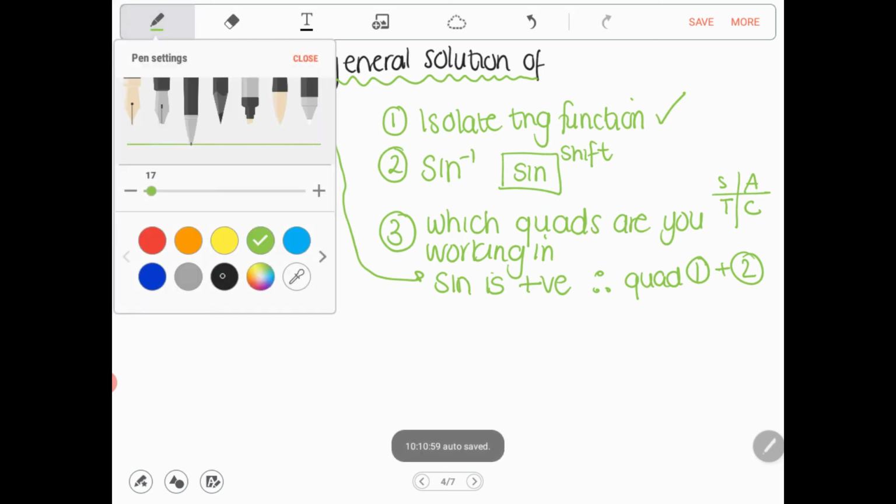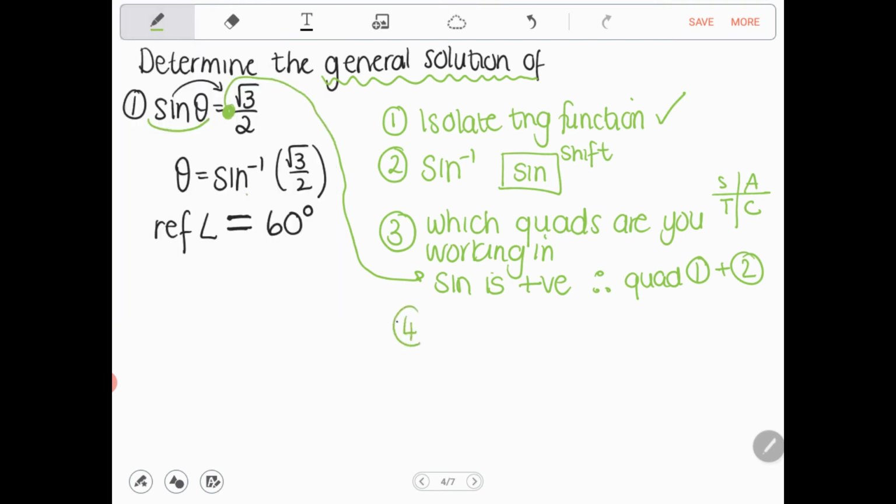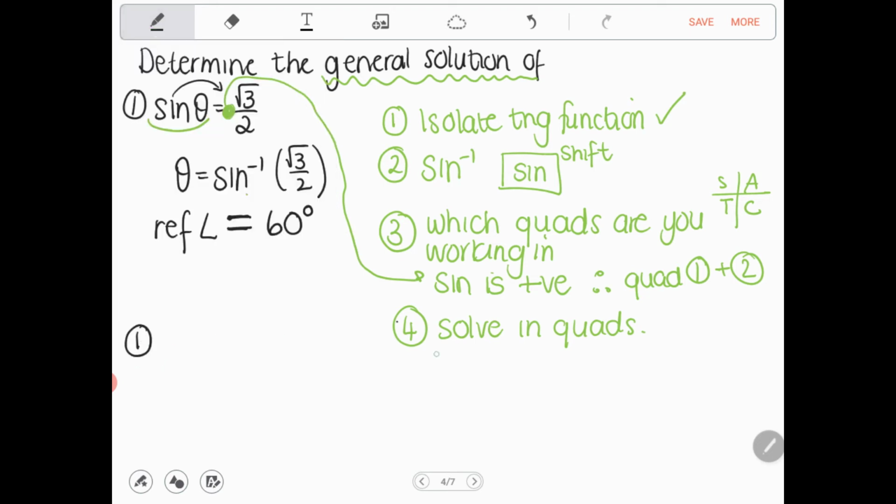And then we go off and we solve in the quadrants. So we have there, if it's quadrant 1 and quadrant 2, in quadrant 1, the answer, theta, is going to be the reference angle plus k lots of 360.